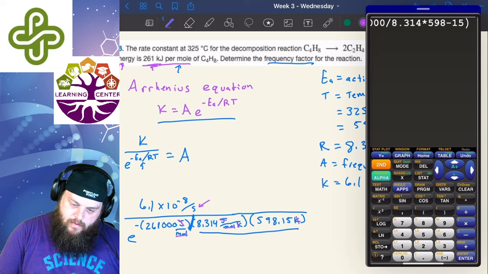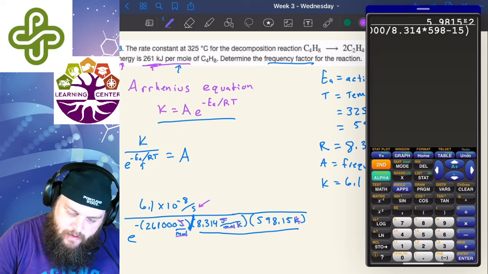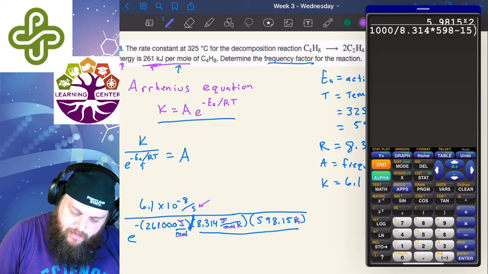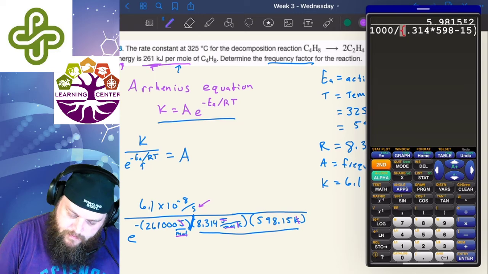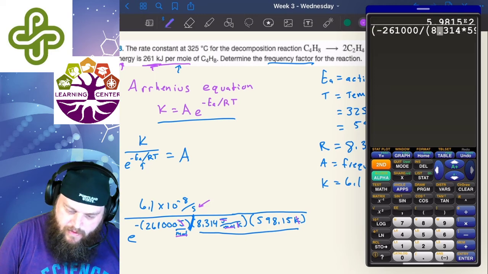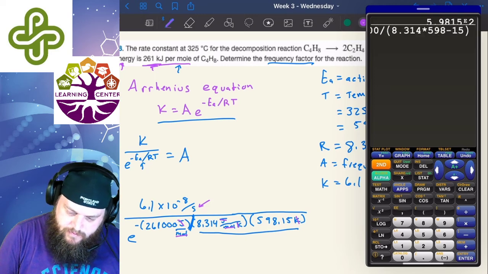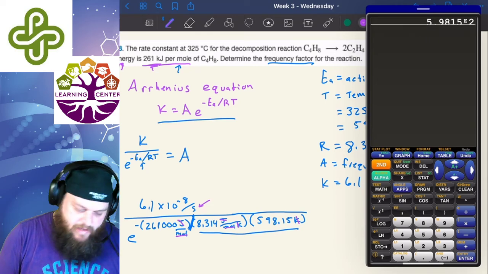Wait. I need an extra parenthesis here. Nope. So I'm dividing, and then I'm dividing again. Let me redo it. I forgot my exponential.